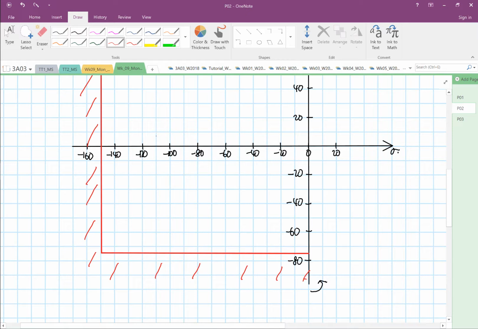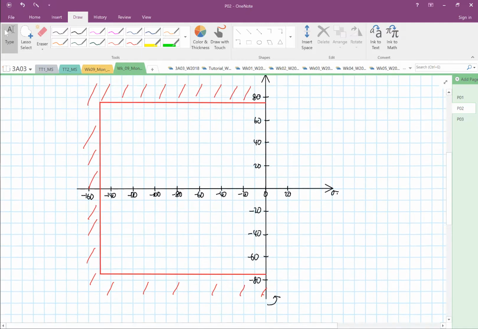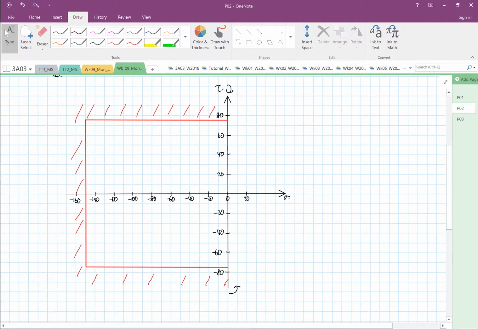So the first point, we again know we have to locate our first point. It's at your stress x, so we still have to identify our stress x. It's at 70. So this is our stress x, and then you have your shear at 40.